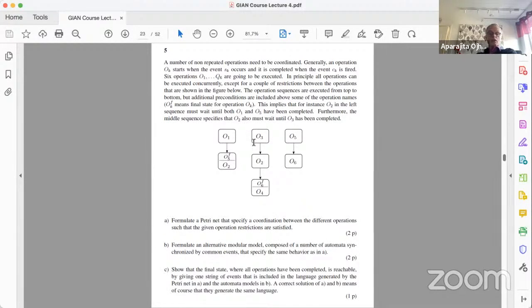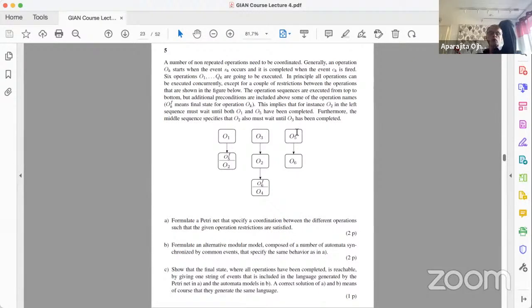Actually, you see that these sequences here, the preconditions, are just another type of graphical model than we have seen before. It has some flavor related to, you could say, extended finite automata and also PetriNets. It's obviously a parallel behavior, but you can see O2 in 2 of the sequences. So that means that the operation O2 has actually 3 preconditions, O1, O3, and O5.